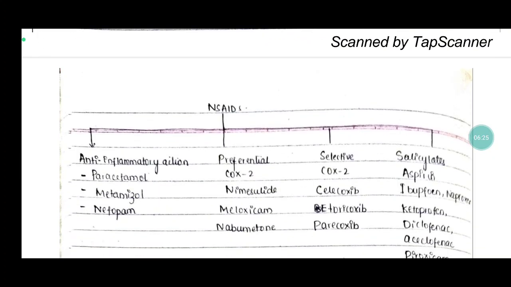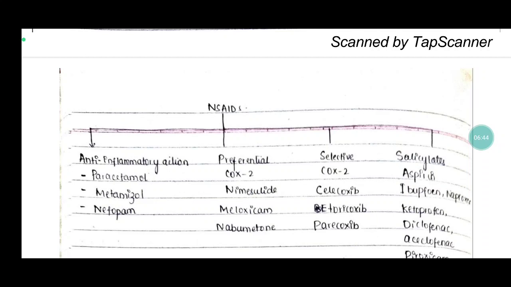Number 1, anti-inflammatory action, and number 2, preferential COX-2 inhibitors, selective COX-2 inhibitors, and lastly salicylates.